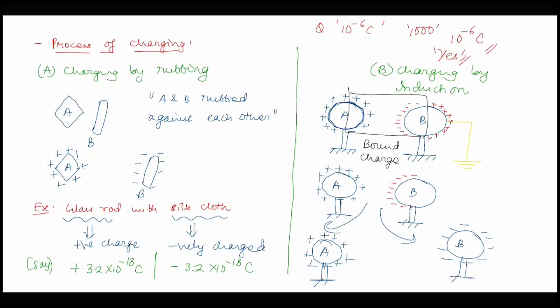Using one sphere I can create a negative sphere, and then using the negative sphere you can create a positive one, or using the initial one you can create as many negative ones as you want. There is no end to it. So if a question like this is asked, you must keep in mind that charging by induction is also a possibility and can be employed in these cases.